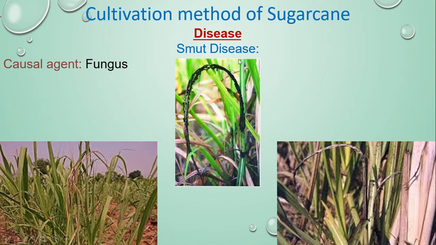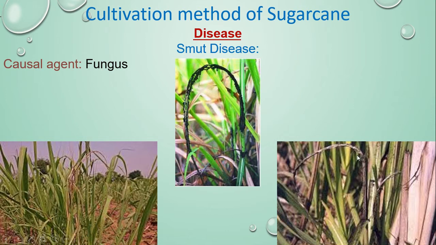Here is some more disease which you can see. The disease name is smut disease, and this is caused by a fungus. If you have a look, the nodal part or the top part looks like an elephant, in front of the elephant the nose looks like here, and this one as well here.